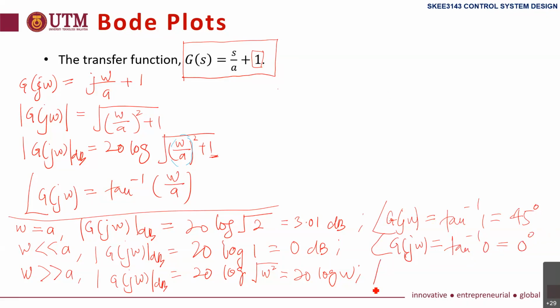And finally, the last condition, when omega is very big as compared to A, something like infinity, you will see it is almost 90 degrees, since tangent 90 degrees is a very big value.